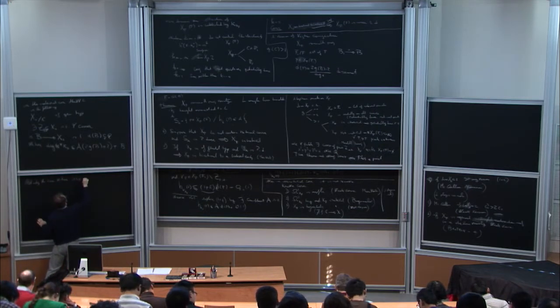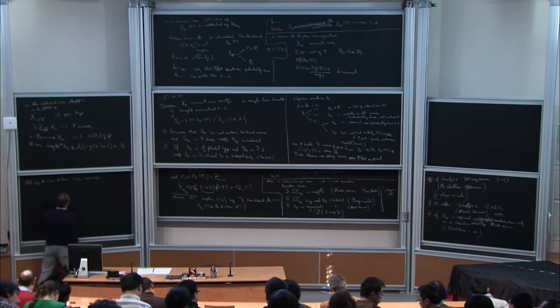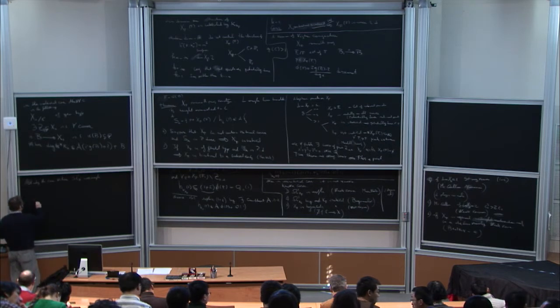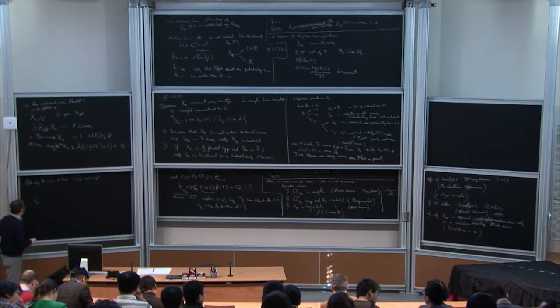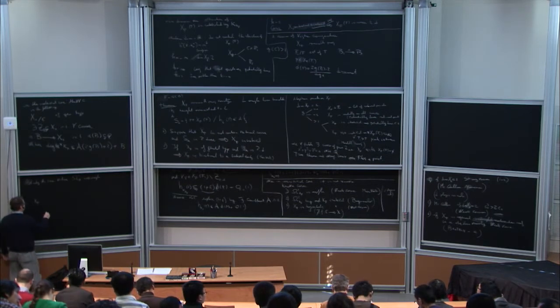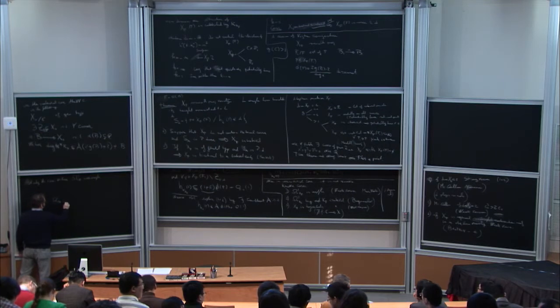omega 1 of X is ample. So you have Xf, and I look at omega 1 of Xf, and suppose that this is ample. What does this mean?